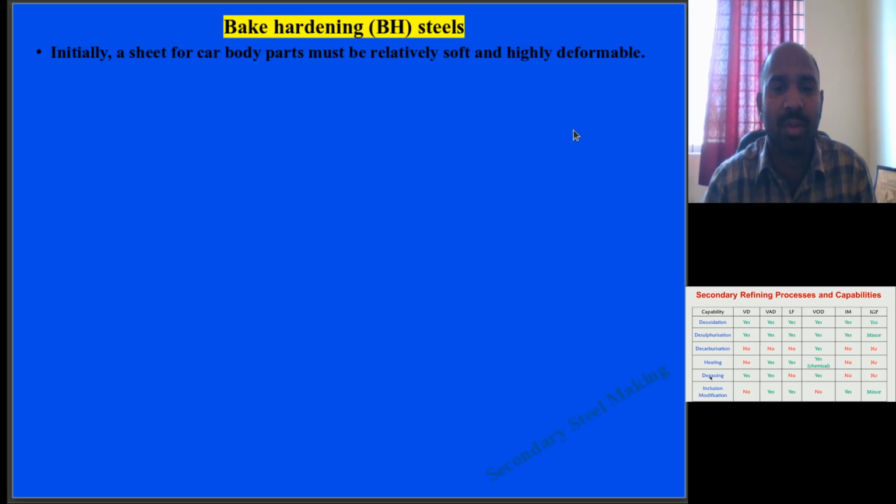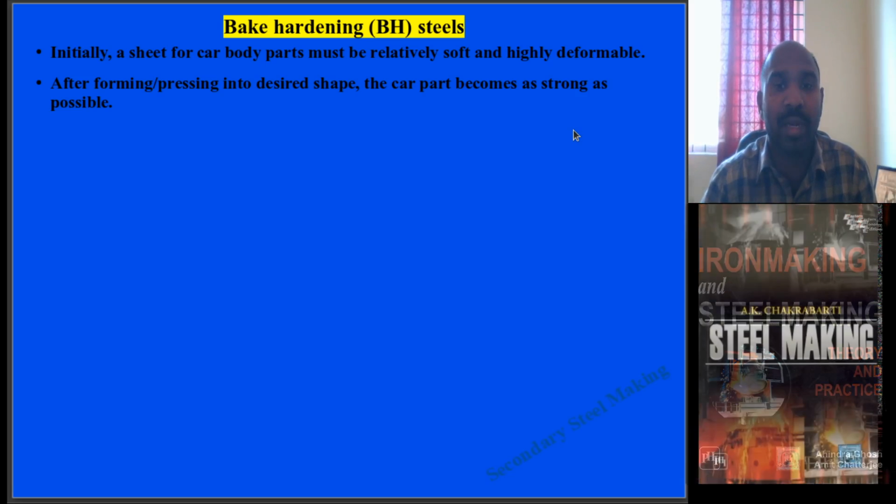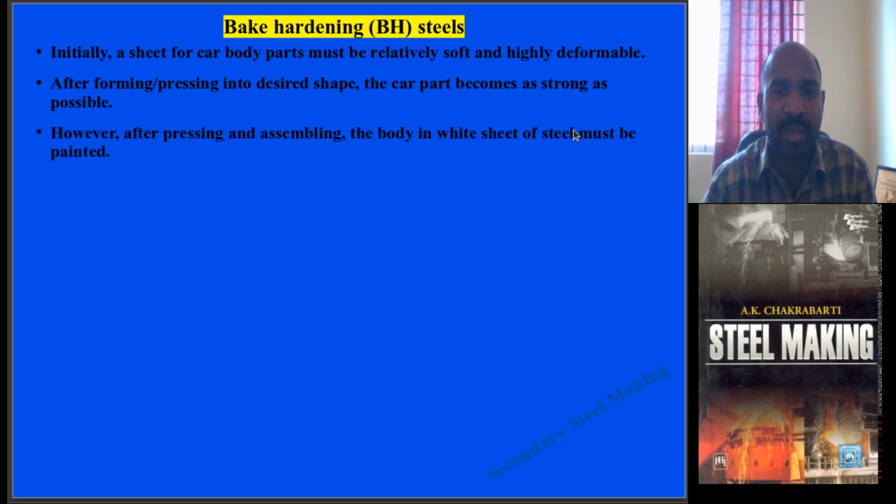It means it should have high ductility and be highly deformable. That particular sheet is selected and sent for the rolling process, which is nothing but forming or pressing into the desired sheet thickness. By this process, it becomes as strong as possible without any defects.